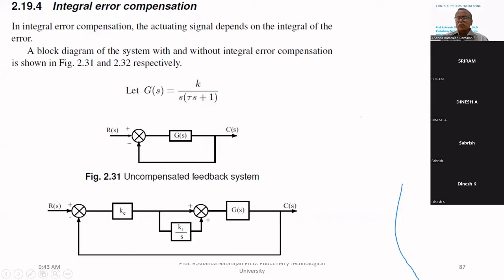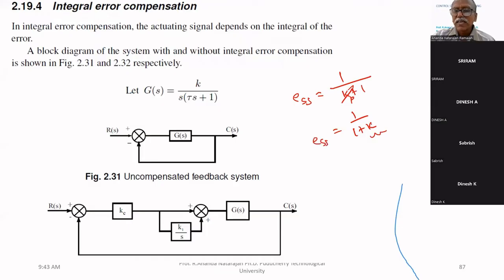Already we have seen that in proportional error compensation, if you increase k, steady state error decreases: 1 by 1 plus Kp, that is 1 by 1 plus k, where k is the amplifier gain.